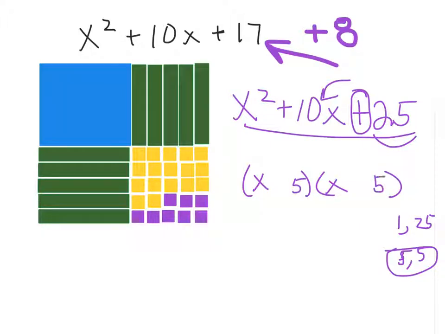And we also know that since this is a positive, then both of the signs have to be the same, because positive 5 times positive 5 gets us 25, as well as negative 5 times negative 5 gets us positive 25. So the determining factor on that sign is that sign right there. So since that's a positive, we are going to have an add on both of those factors. So we have x plus 5 times x plus 5.